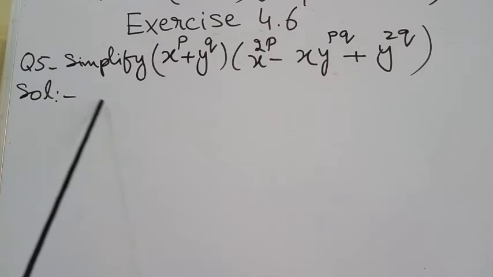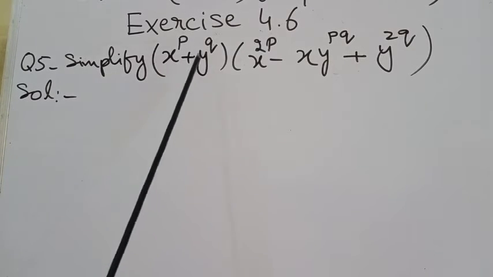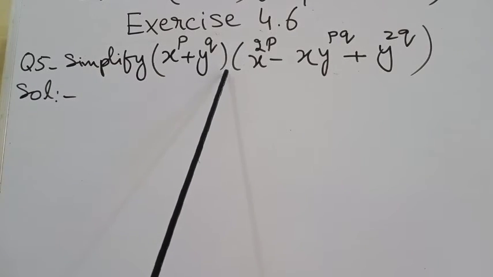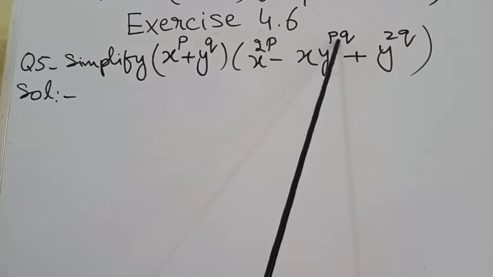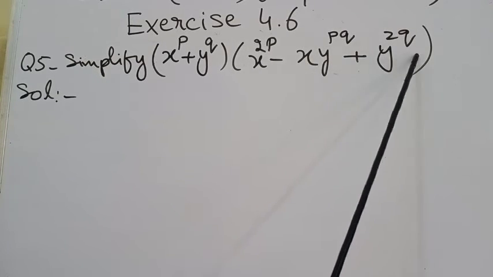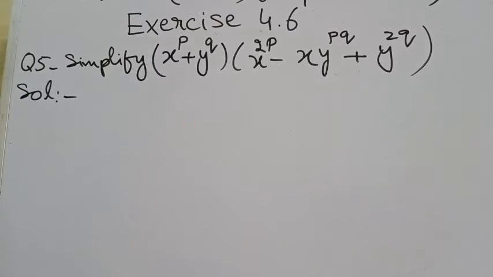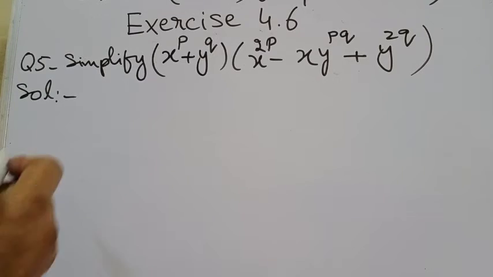Question number 5. Simplify x raised to power p plus y raised to power q multiplied by x raised to power 2p minus x power p y power q plus y raised to power 2q. Now we solve this by using the formula a cube plus b cube is equal to a plus b into a square minus ab plus b square.